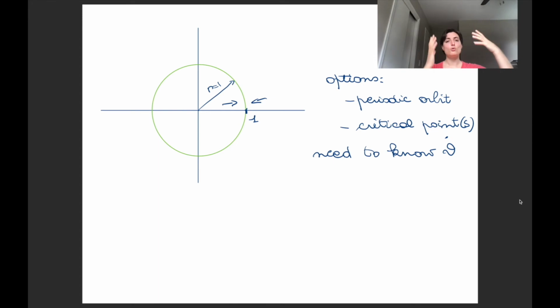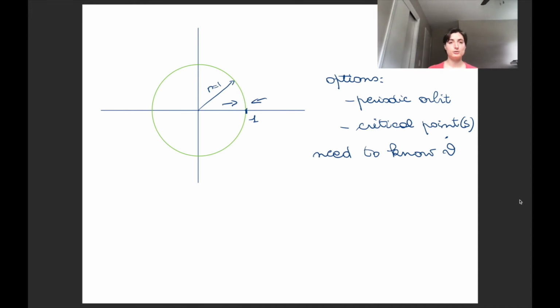What can happen on that circle of radius 1? Well, you could get stuck on it and not move anymore. But if you're moving all the time, it needs to be a periodic orbit. You could have some odd critical points on this circle, in which case you wouldn't have any periodic orbit. But if you don't have any critical points, you're just circling around this circle all the time.